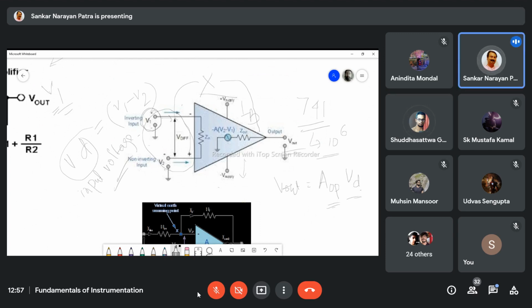How does that op amp look? Let me show you some pictures.